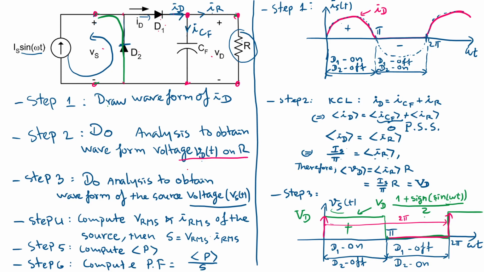You can see the waveform of the source current is a sine wave, purely sine wave. But the current of Vs is square. So it distorts from the nice sine wave to just a square like this. So the power factor is due to the bridge itself, the diode bridge.